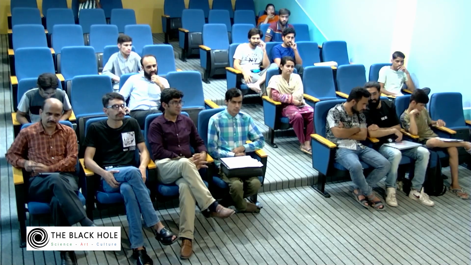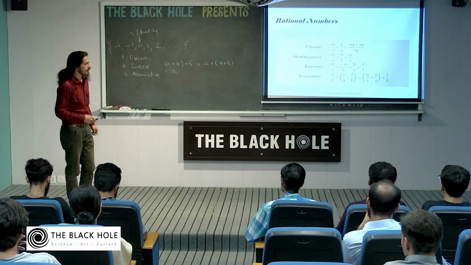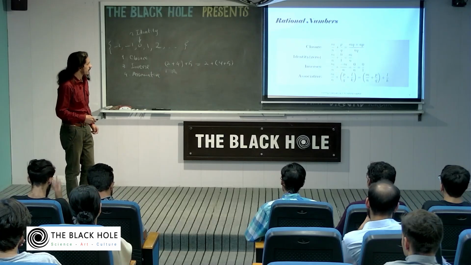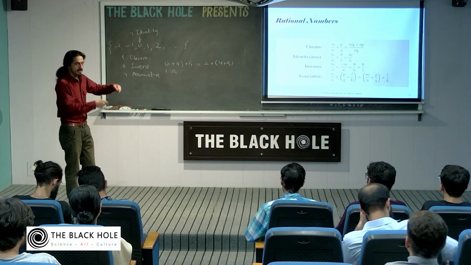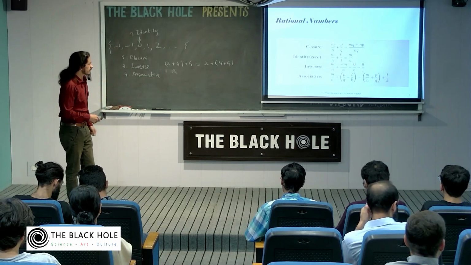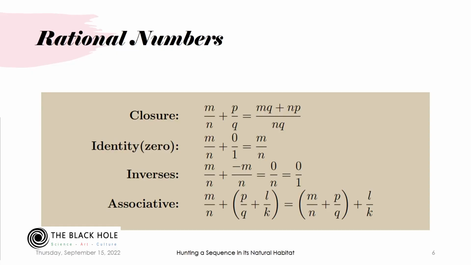And rational numbers do satisfy all of them: when we add two rational numbers, we get a third rational number. We have this 0 element. By the way, we can write 0 divided by 1 to put it into the class of rational numbers. We have inverses for every rational number, and associativity is also true. We don't need to prove this.